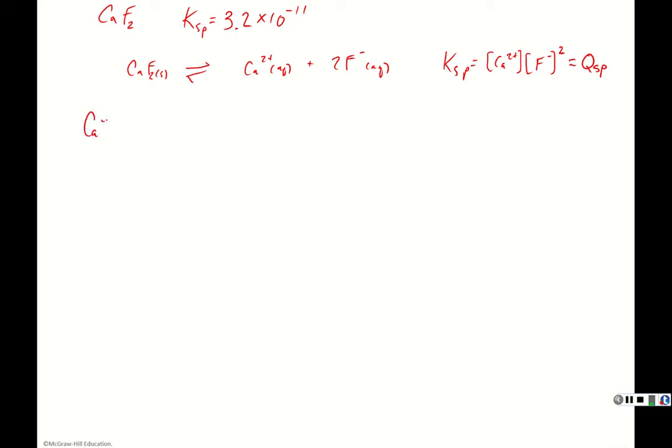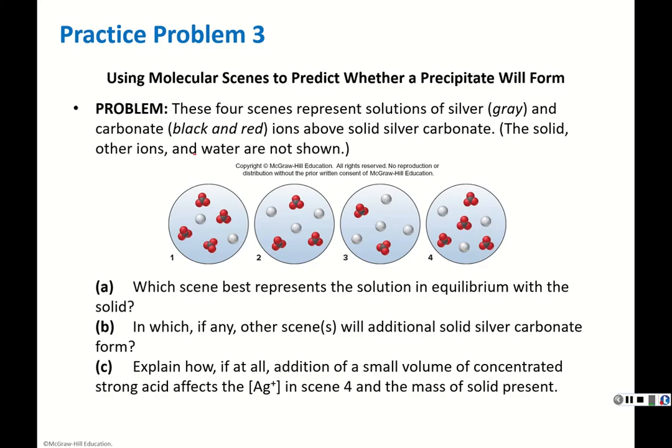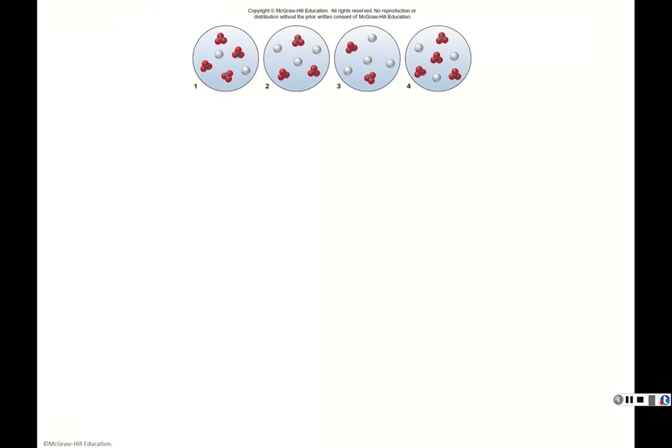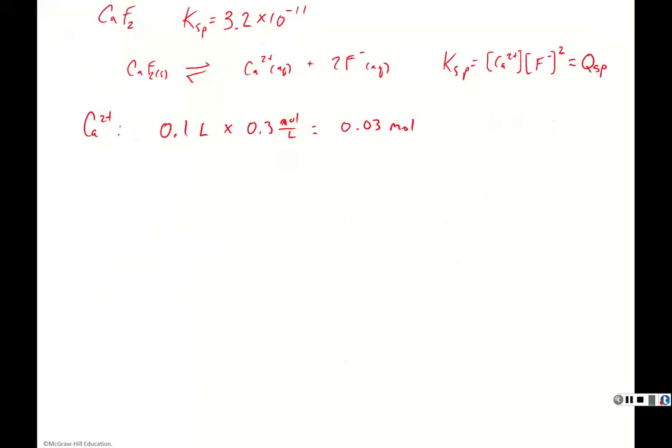So if we look at calcium first, we had 0.1 liters of 0.3 moles per liter. So we had 0.03 moles. The concentration of calcium is going to be 0.03 moles divided by the final volume.